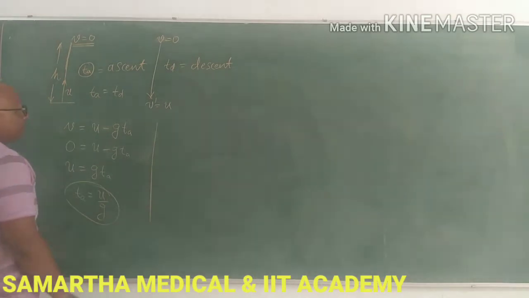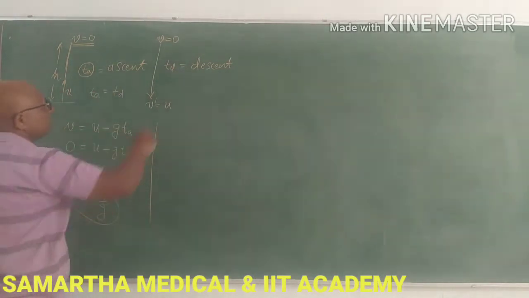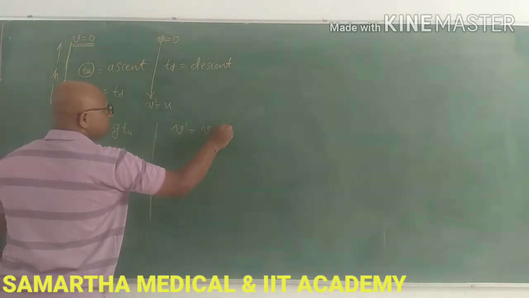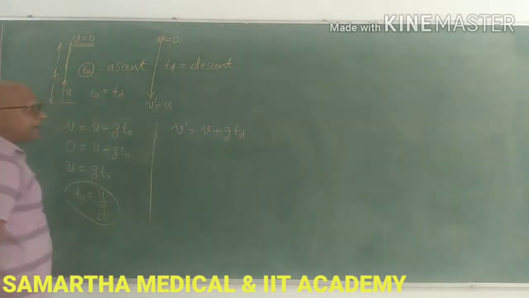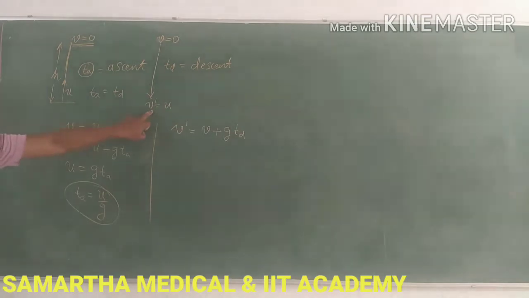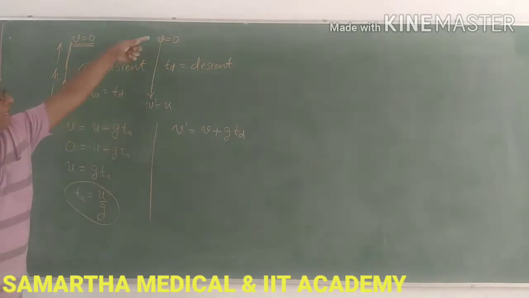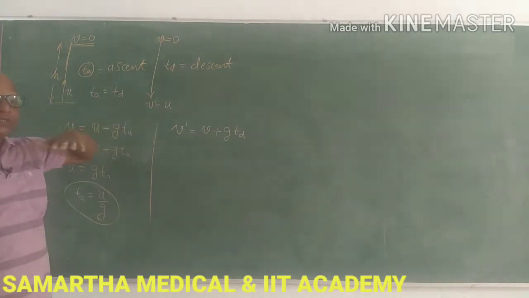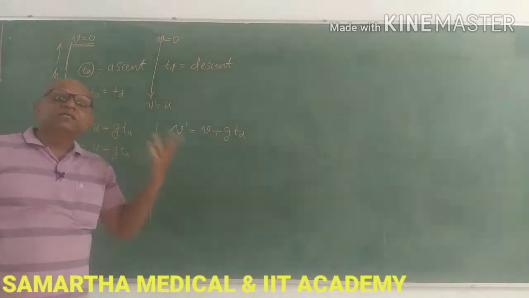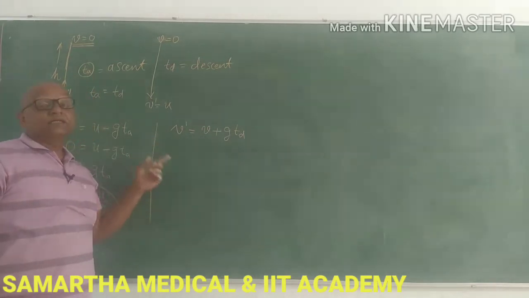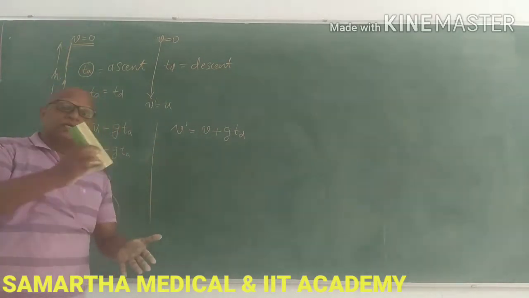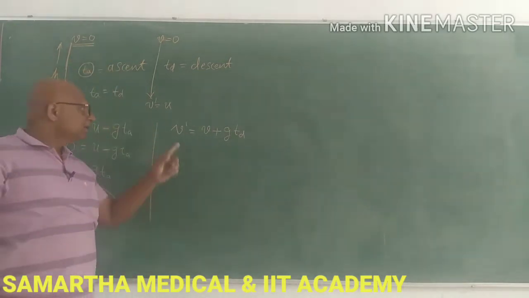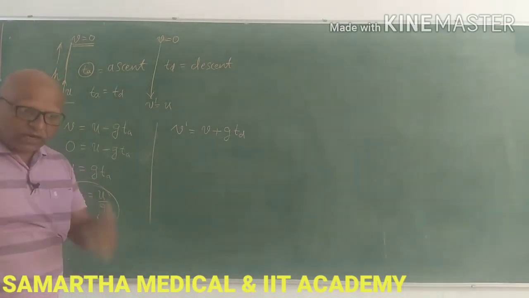For the time of descent, we will use the same equation. V dash is equal to V plus g TD, because V dash is the velocity obtained after a time TD when it reaches the ground. Not 0 when it touches the ground; it is the velocity with which it hits the hand, the velocity with which it falls to the ground.